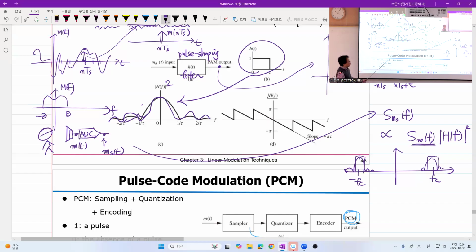So in general, your bandwidth is the minimum of 2 times the bandwidth of m of t and 2 times the bandwidth of h of t.